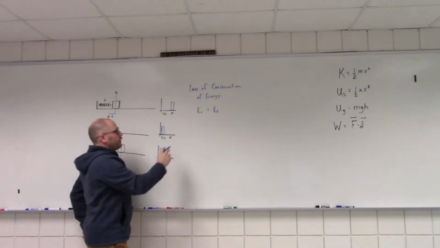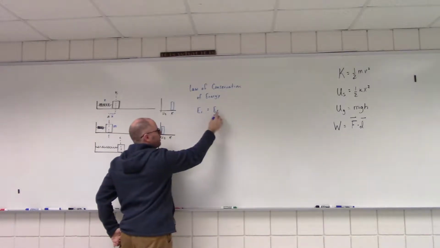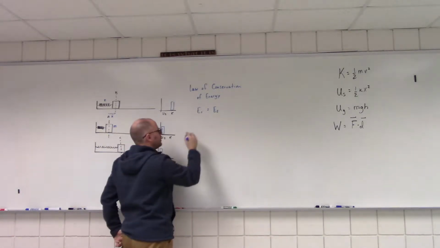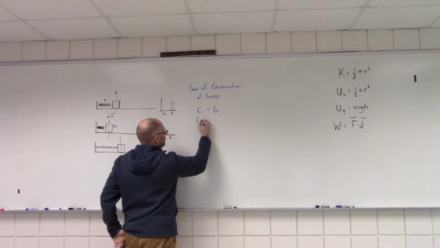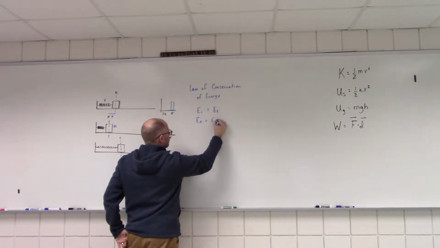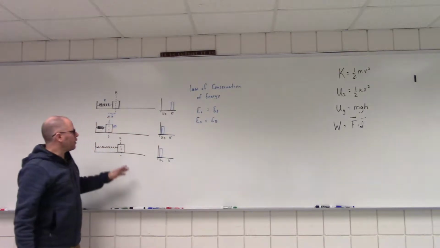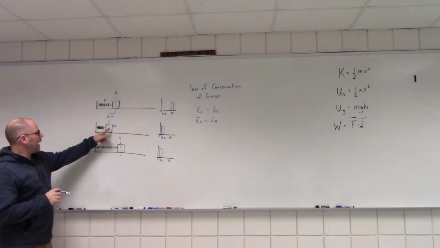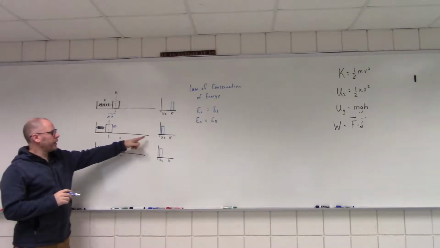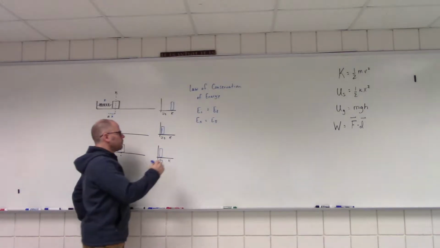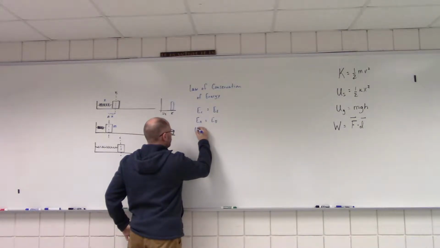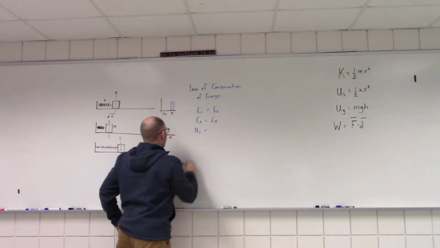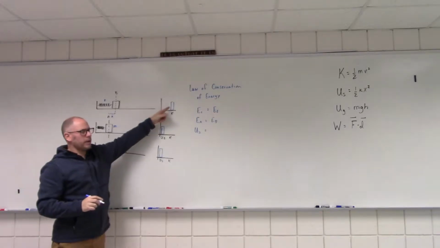Well, if the total amount of energy is constant, E final is equal to E initial. I can say that the total amount of energy at A is equal to the energy at B. How do I represent the energy at A? All the energy is in the spring. And what about the energy at B? It's all kinetic energy.